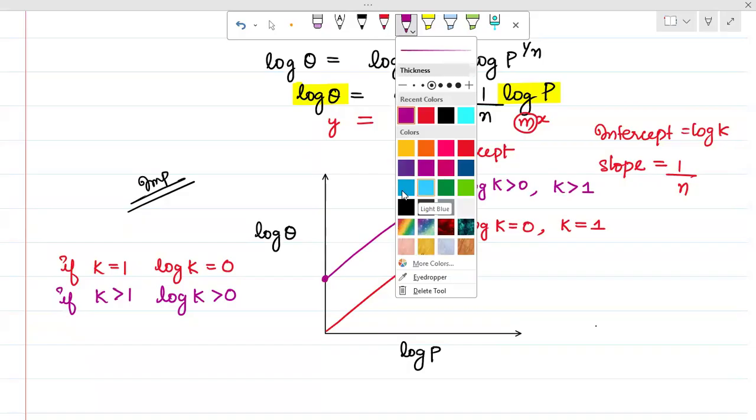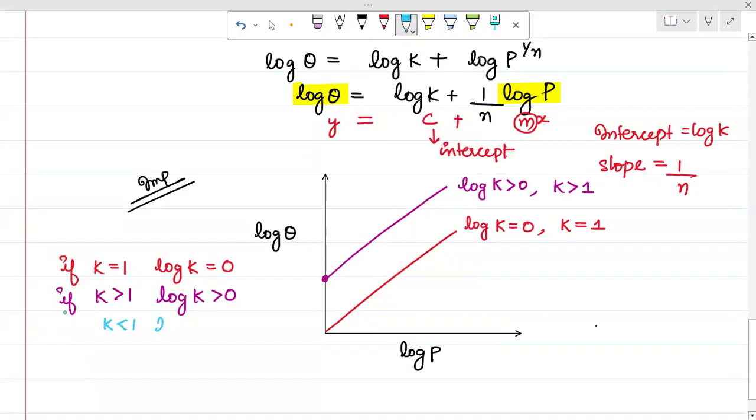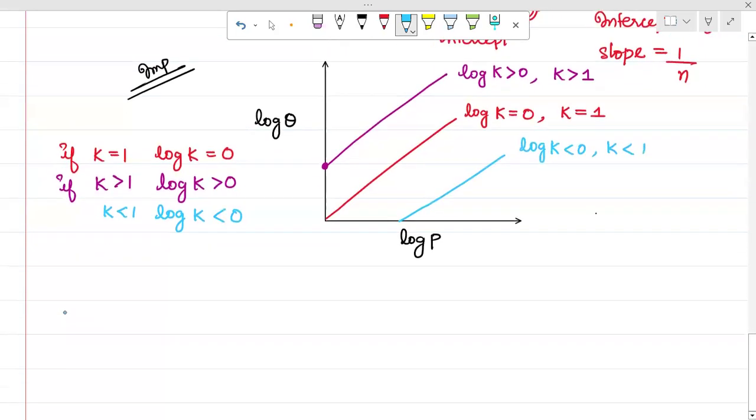Now let's take a scenario where the value of k is less than 1. If the value of k is less than 1, you know that the logarithmic value of k is going to be less than 0, which means it's going to take negative values. So it will go like this. This is when log k is less than 0 and the value of k is less than 1. I hope you understand this.